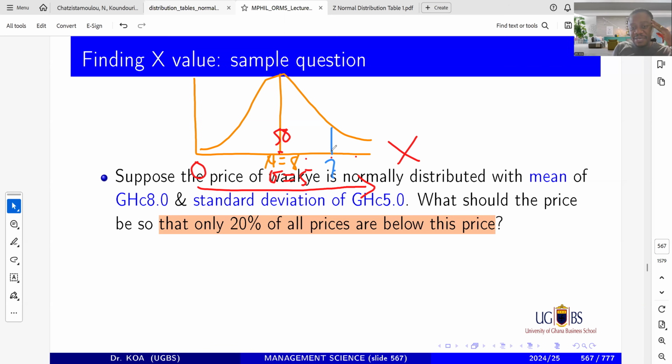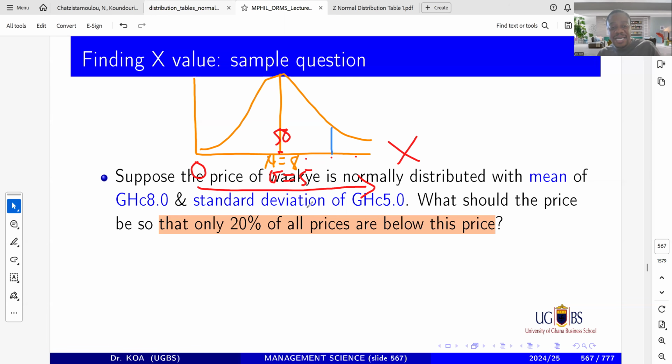If I choose this question mark here, I am saying that 20% of all the prices are below this price I have chosen. That means from here down to 0 is 20%. Would that make sense? No, because we know that where I have marked, it is even more than 50%. So that cannot be the price.